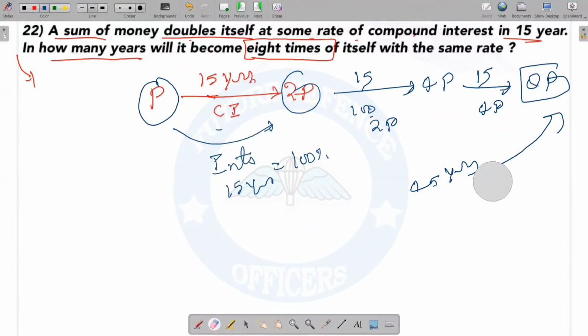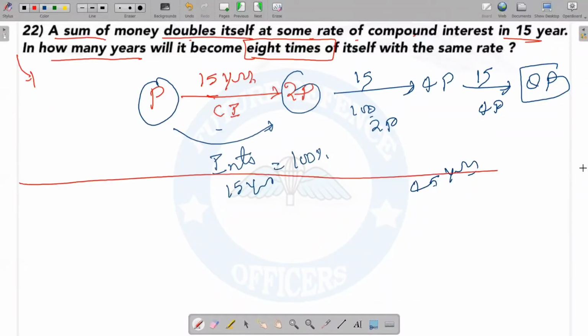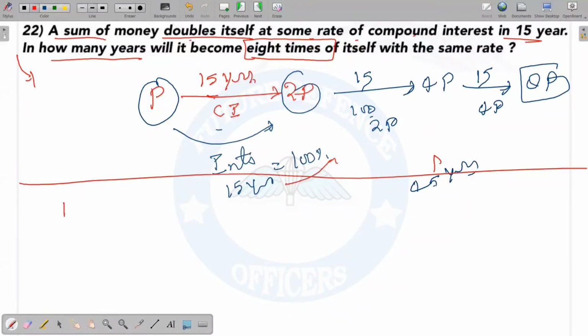What actually is the basic difference? Now we have to solve this for simple interest. If the interest is simple, see one thing: some P you invest, it became 2P in 15 years. What actually happened?